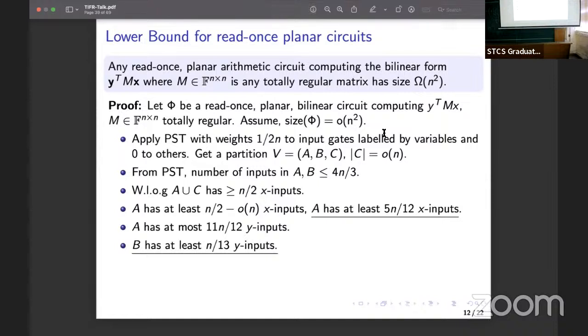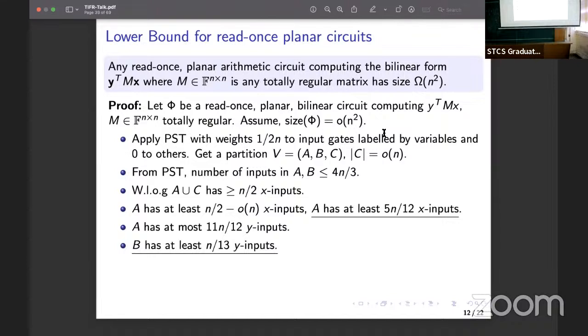The total number of inputs in A was at most 4n by 3, of which 5n by 12 were x. So the remaining had to be y variables, some 11n by 12. There are 2n y variables in total, of which some are in A and the rest have to be in B. So we did some calculation: there are three parts A, B, and C. A has at least so many x inputs and B has at least so many y inputs.